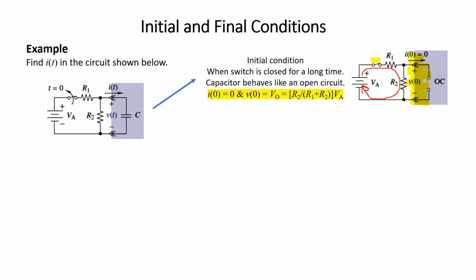So due to the voltage divider principle, what is the voltage across this R2? It is R2 divided by R1 plus R2 multiplied by the source voltage. If we can determine this voltage, it is the initial voltage across the capacitor. Initial voltage means the voltage at t equal to 0.